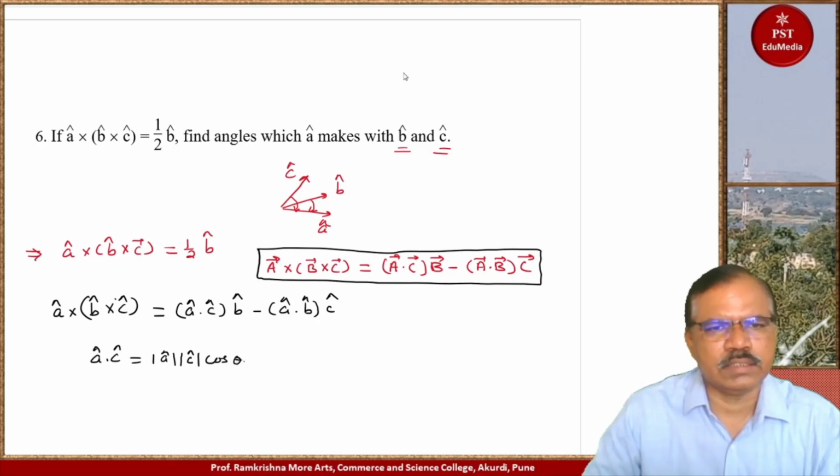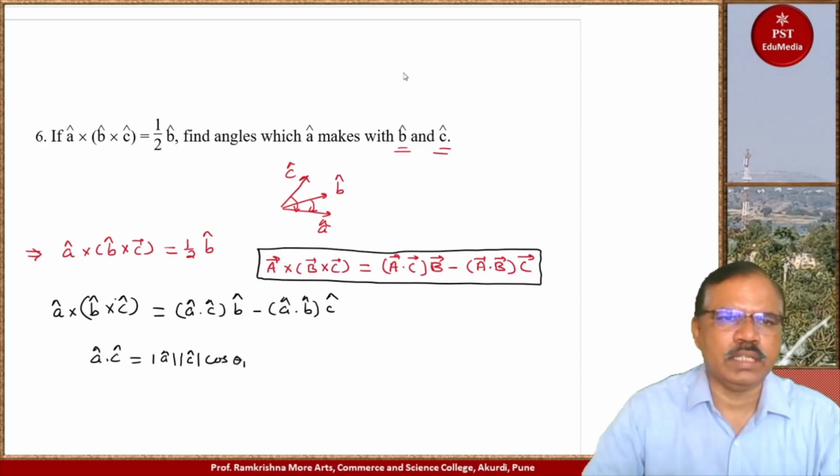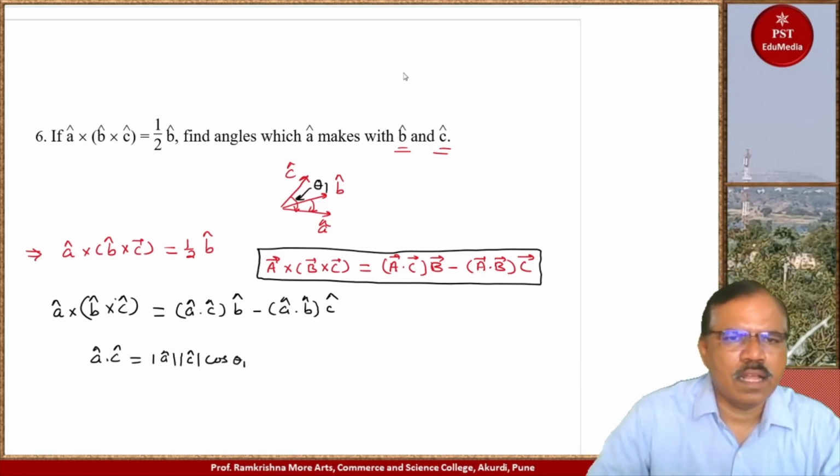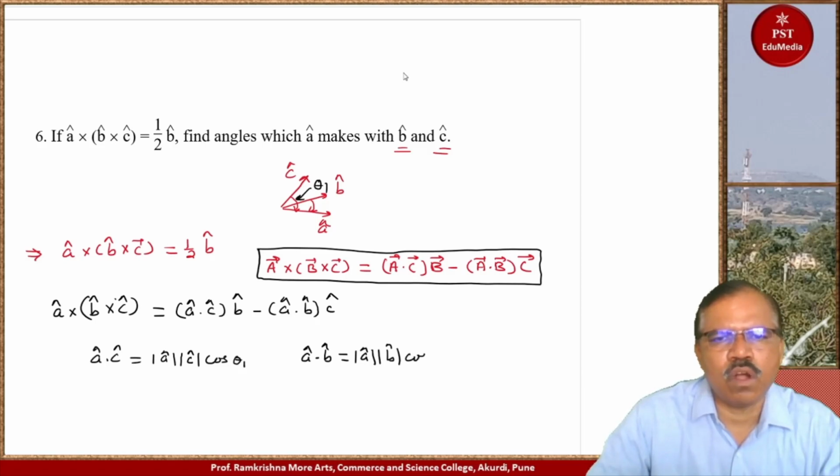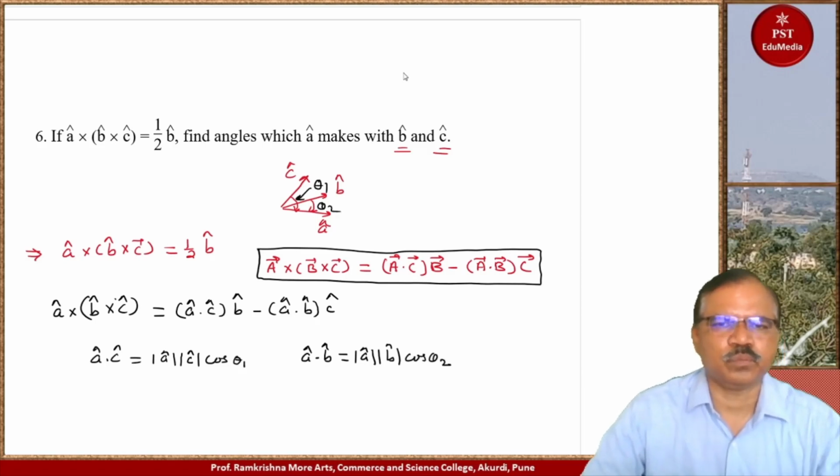Let us call this theta 1, so the angle between A and C is theta 1. And A dot B is equal to magnitude of A into magnitude of B into cos theta 2. So this angle is theta 2.